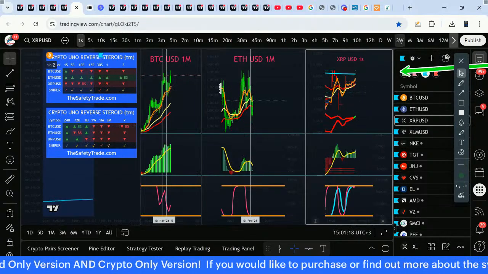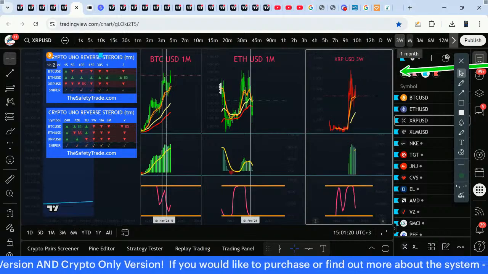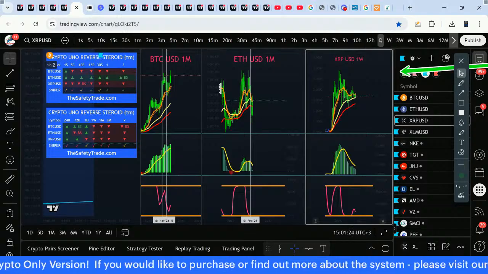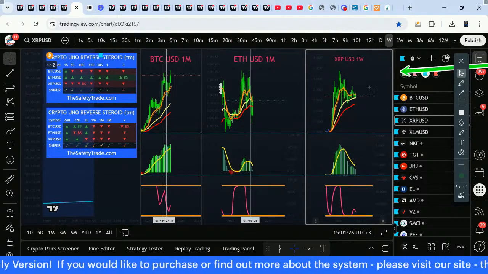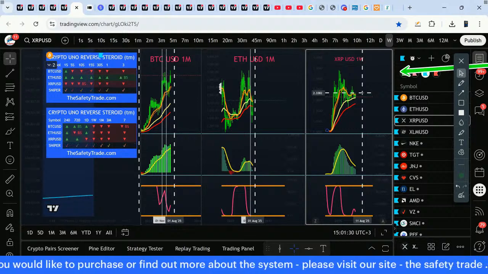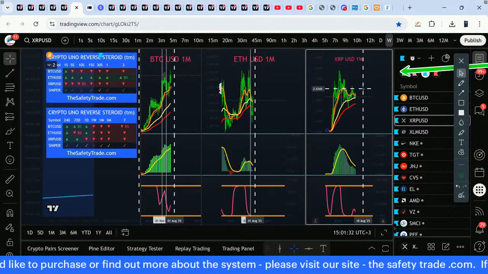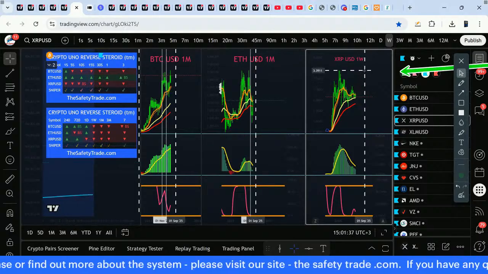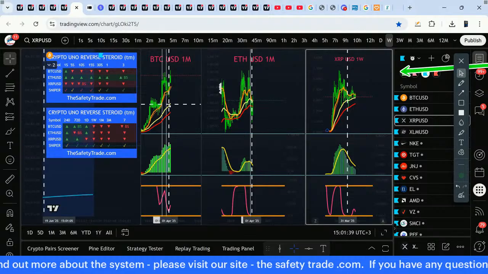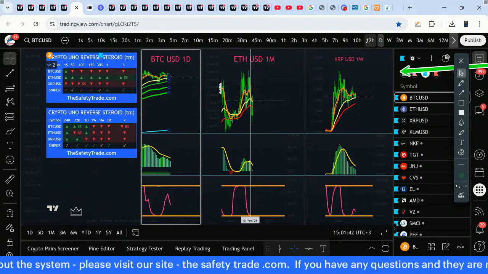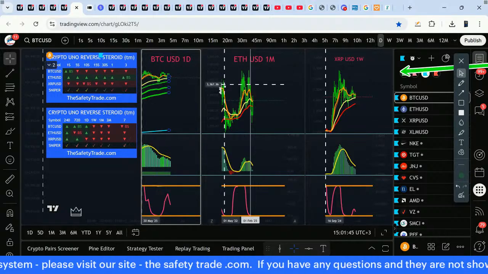All right, let's go over to XRP 3 weekly. We have a daily, weekly buy stop on XRP. Take profit 1 of $2.30. Take profit 2 of $2.52. And then $3, $3.50, then $4. On Bitcoin, we have a 12-hour daily buy stop.